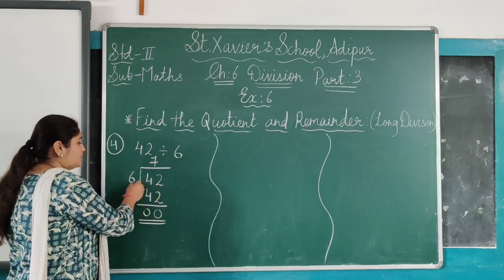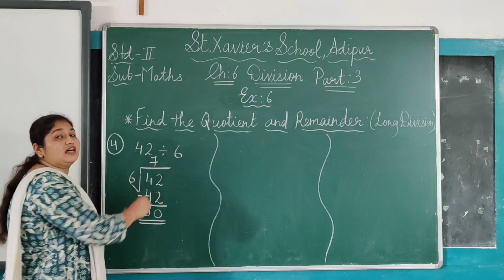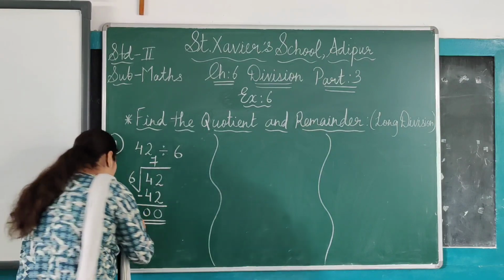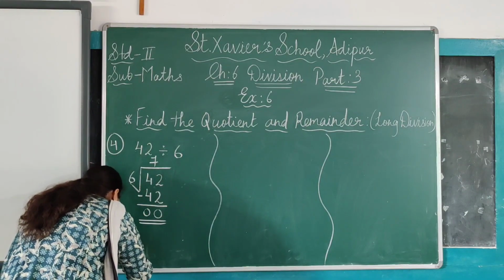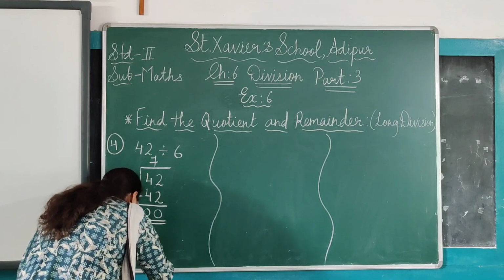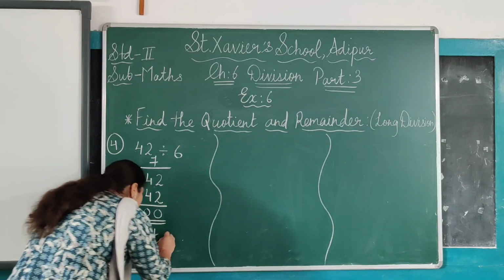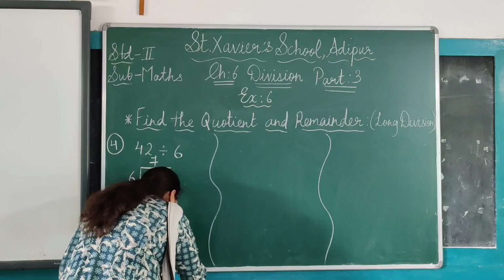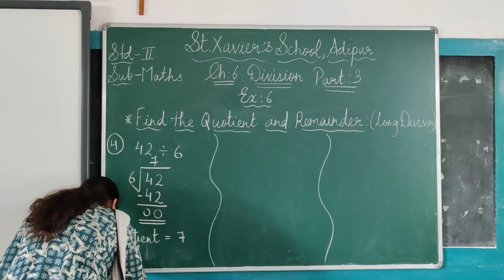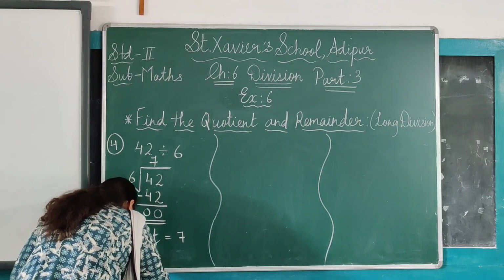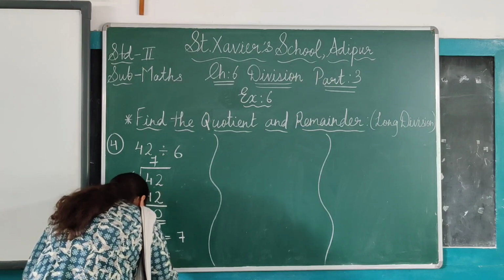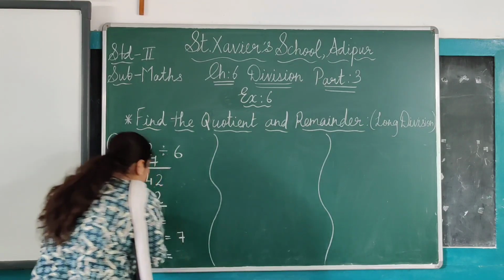Right? 42 6 के टेबल में 7 times आता है. Okay, so write down the quotient. Quotient क्या आया? 7, right? And remainder is 0.